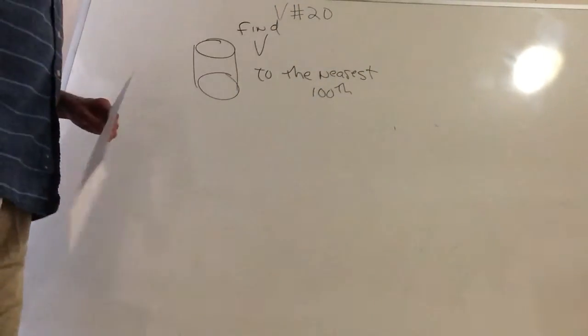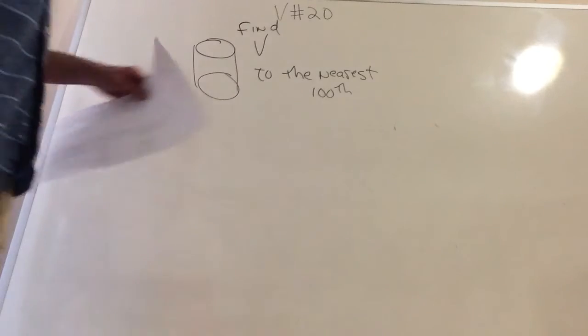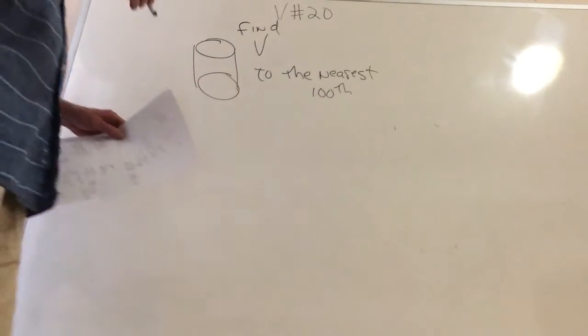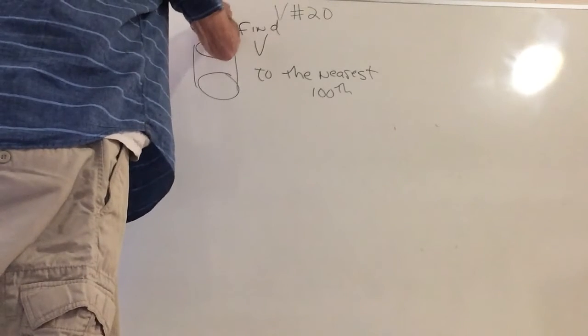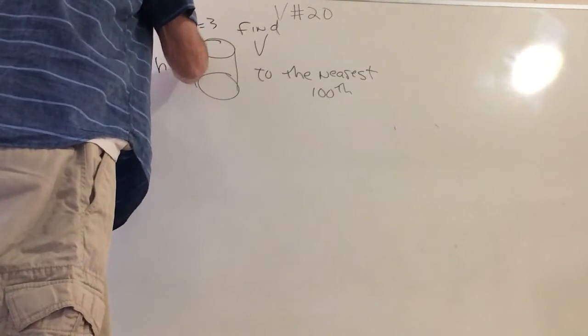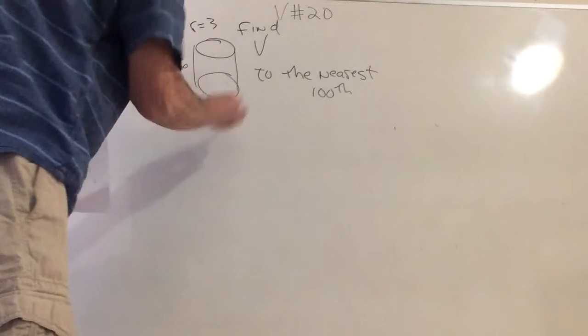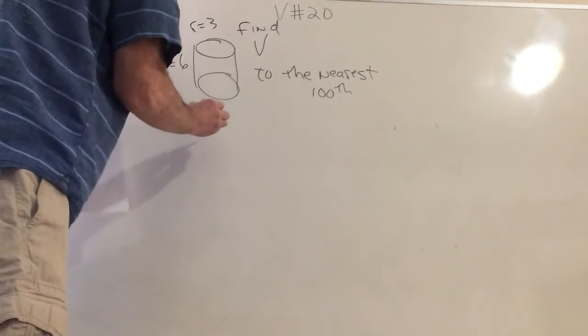Then we'll talk again about rounding, how to use the calculator, what they mean by doing this. If they gave you the radius is 3 and the height is 6, everything would seem normal the way we've been doing it in terms of pi.